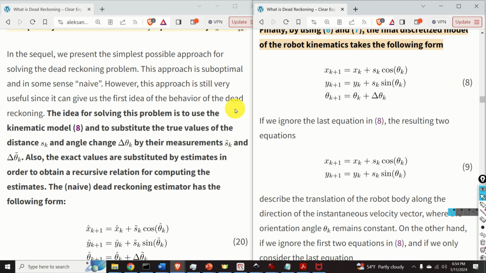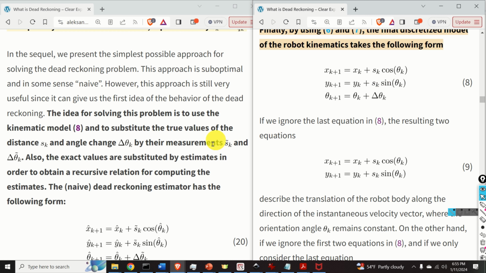The idea for solving this problem is to use the kinematic model, that is, to use this model and to substitute the true values of sk and the angle change delta theta k by using their measurements sk tilde and delta theta k tilde.